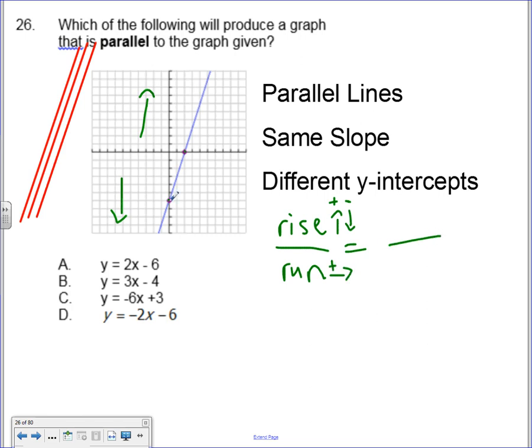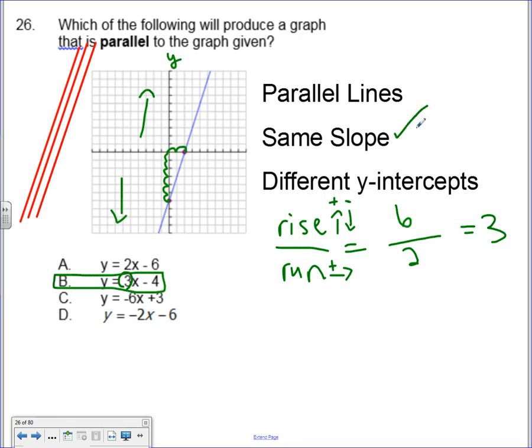So starting from this point here, my y-intercept, I'm going up by 1, 2, 3, 4, 5, 6. So that's a positive 6, and my run is 1, 2. Now 6 divided by 2 is 3. So the only equation that has the same slope as this is y equals 3x.